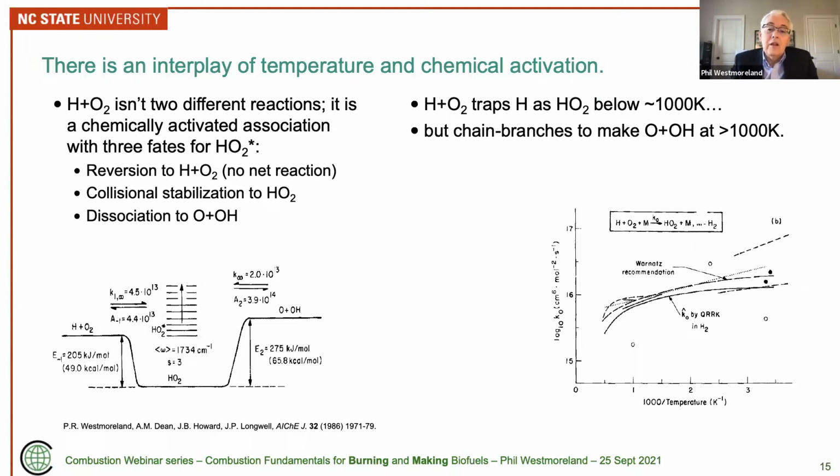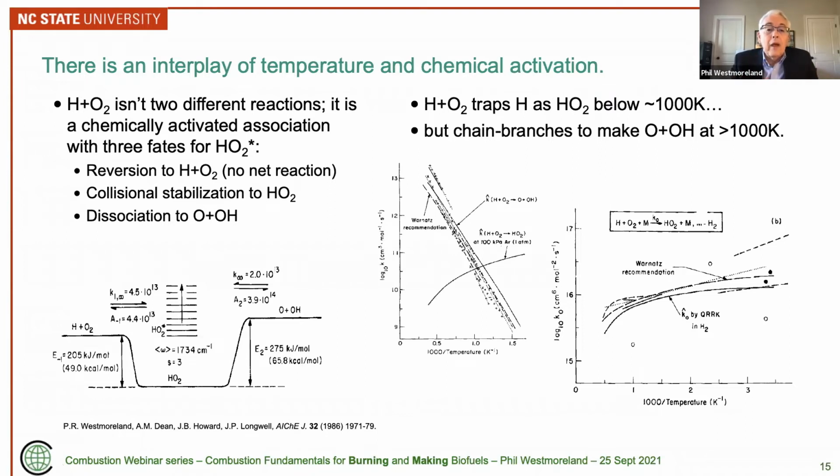But above 1,000 kelvins, we propagate. Plotting it on the same scale, just plotting the H plus O2 goes to HO2 at a specific density, P over RT, for 1 atmosphere of argon, you can see there's a crossover point at about 1,000 kelvins from predicted numbers and the data here.